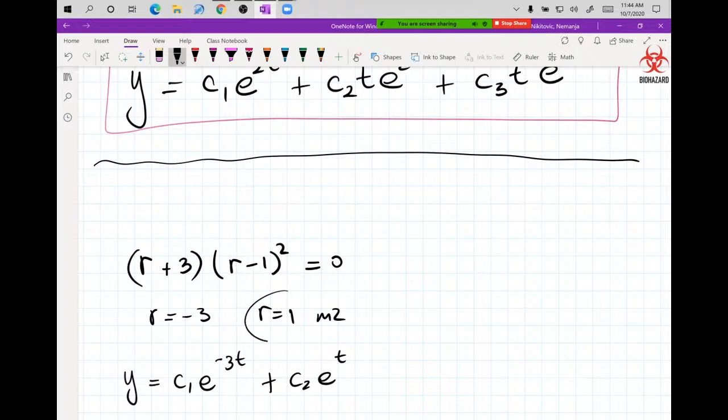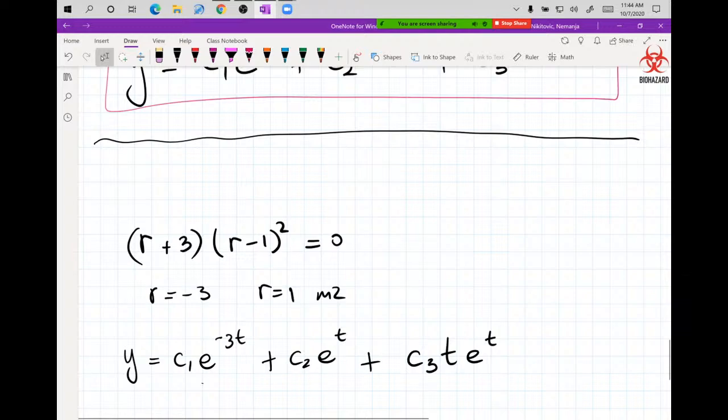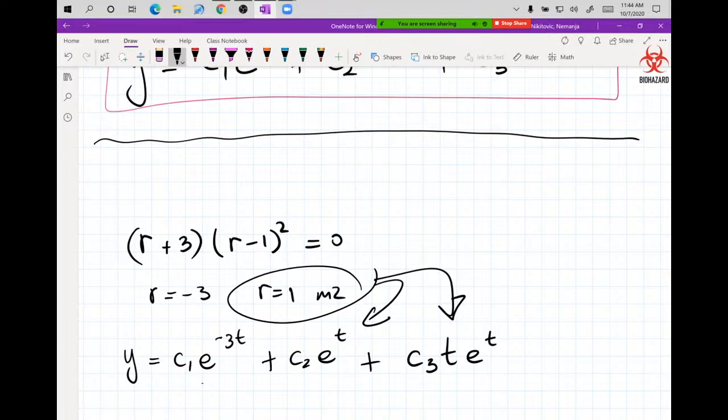Because that's a new type of solution, there is no need for a t there. It's a different one, right? But now there is a repeat, and this is where t kicks in, because r equals 1 has the repeat of e to the t, so this extra t pops up only once.